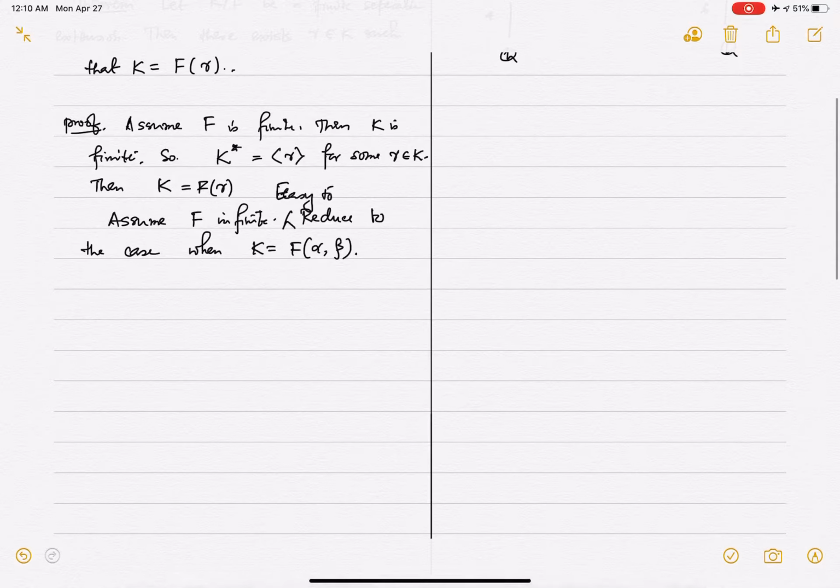So assume that K is F adjoin alpha, beta for some alpha and beta, and I want to find a gamma such that K is obtained by adding just that element.